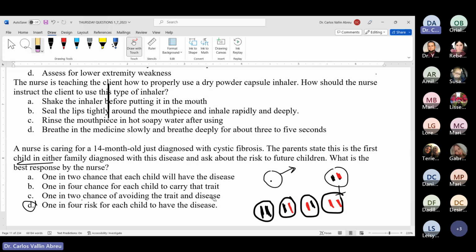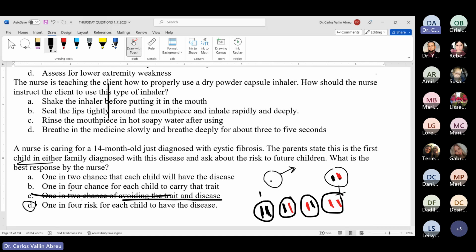So this guy is clean, not even carrying the trait or the disease. So the option that says the client is avoiding the trait and the disease is wrong. What is wrong? We say 1 in 2, it is 1 in 4. Yes, 1, 2, 3, 4. So that's why it's no.